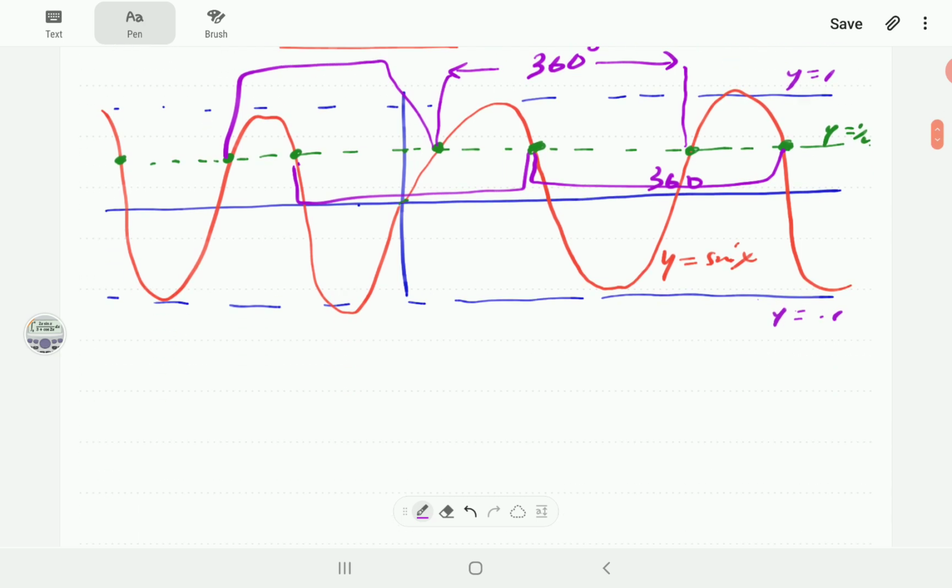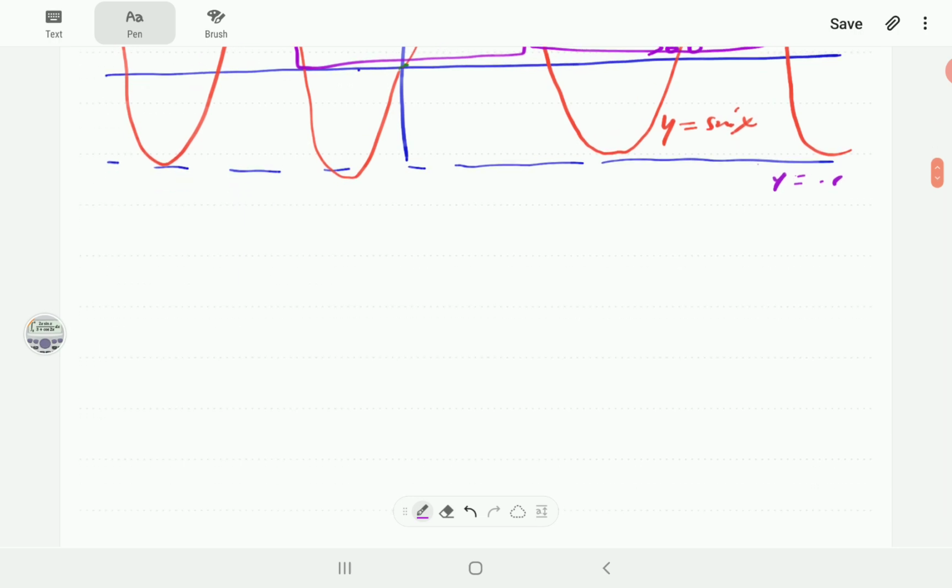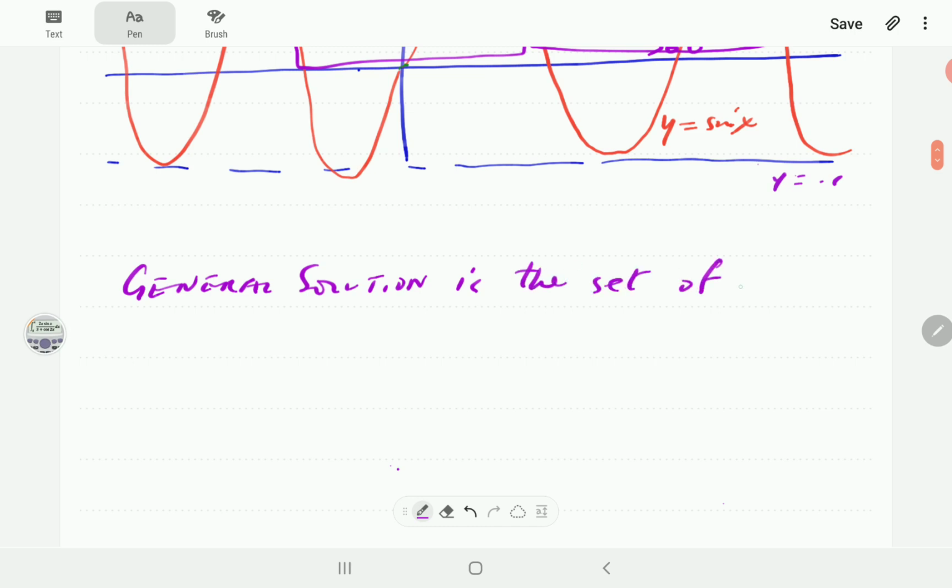Now, having seen this, when solving a trigonometric equation, there is what is called a general solution. A general solution is the set of all angles that satisfy the equation.